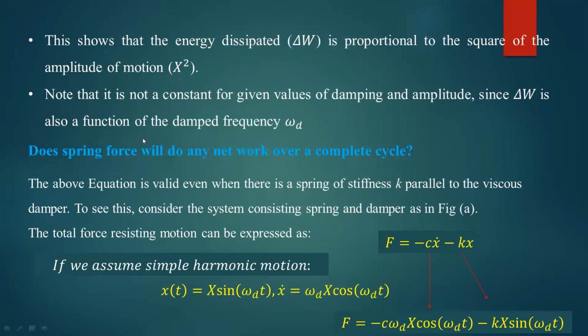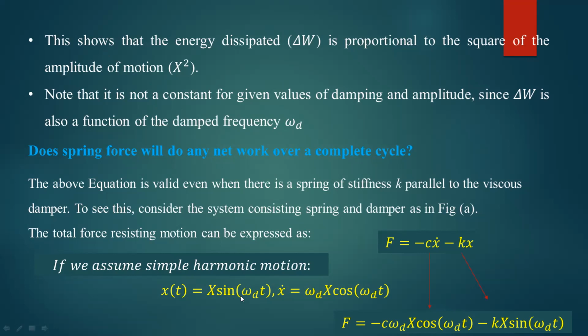This shows the energy dissipated, delta W, is proportional to the square of the amplitude of motion X, the maximum amplitude of the motion. Look, x of t is equal to X sine omega d t. This implies when sine reaches 1, it is the maximum amplitude. When the sine oscillation is 0, that is the mean position.